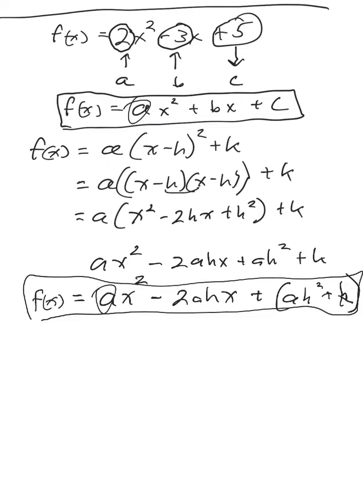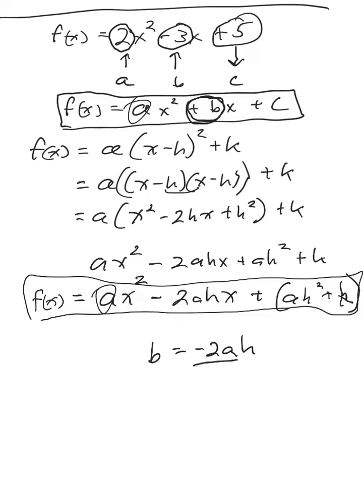The piece I'm really interested in is the value that comes before the x, which we call b. That is going to be negative 2ah. That doesn't look like anything amazingly profound, but check this out.